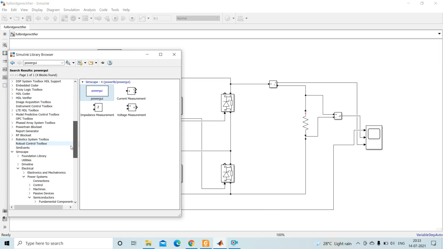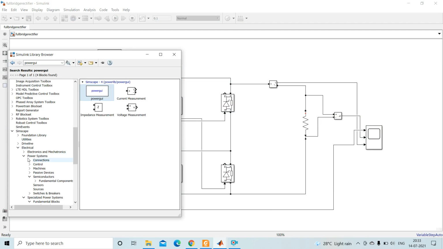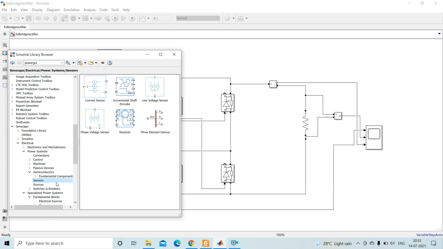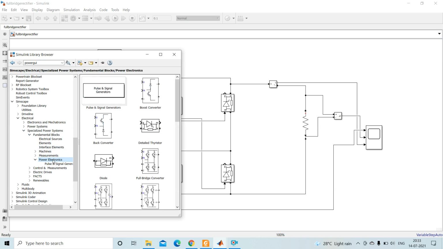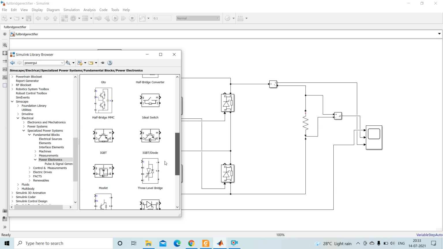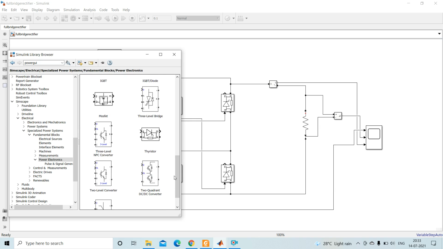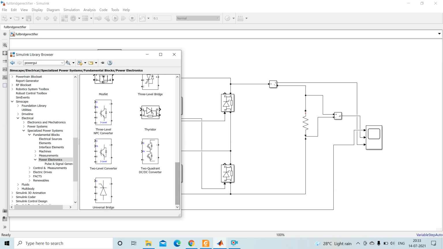Go to Simscape, then go to Specialized Power Systems, then Power Electronics. In Power Electronics you have the thyristor, which is placed here.